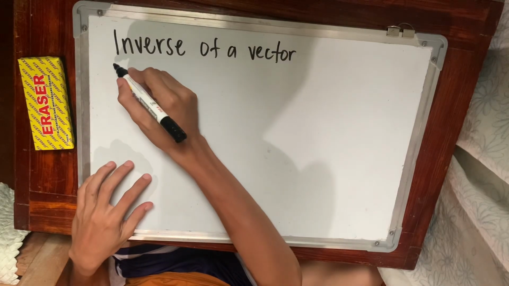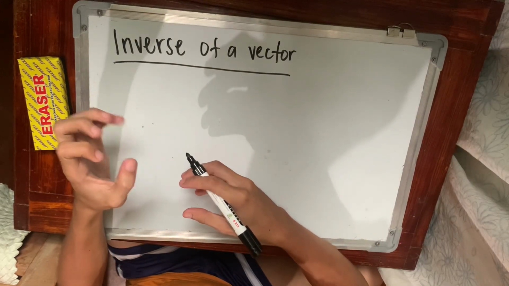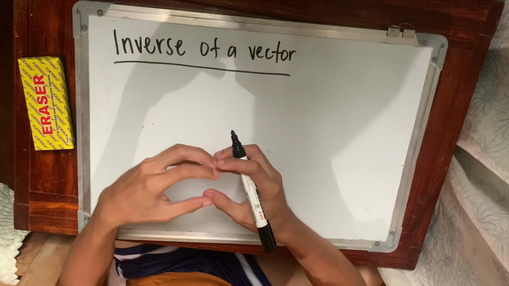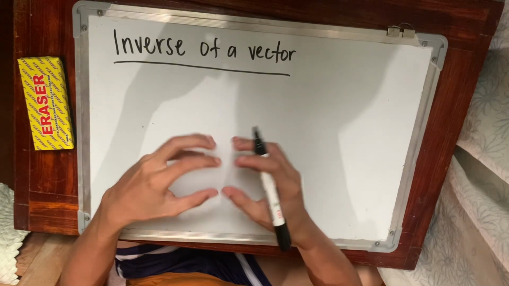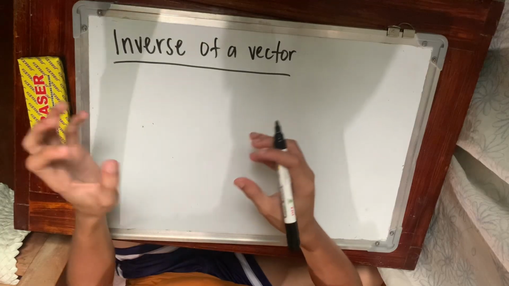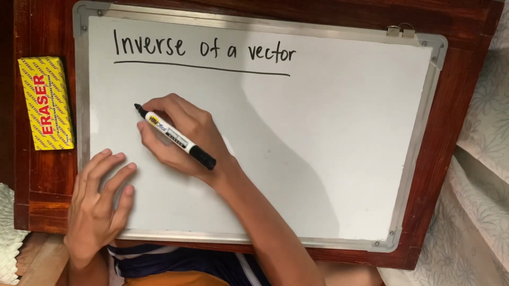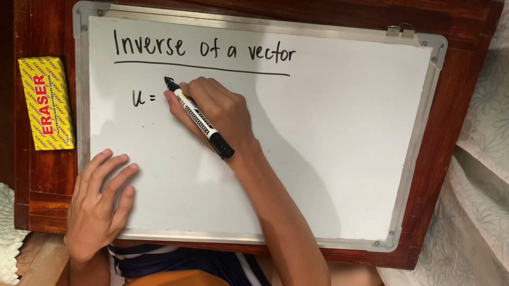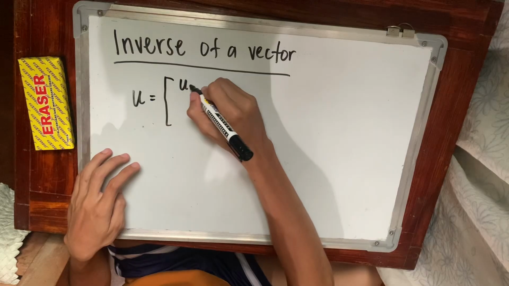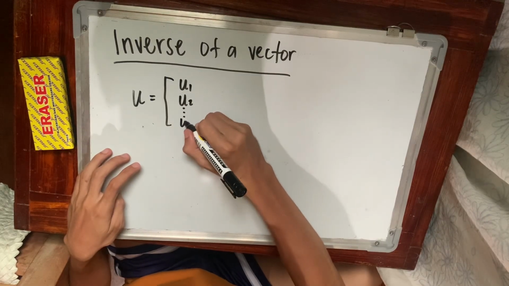Third one, we have inverse of a vector. If we want to find the inverse of a vector, the only thing we need to do is to negate the original vector. So suppose we have vector u is equal to u sub 1, u sub 2, up until u sub n.